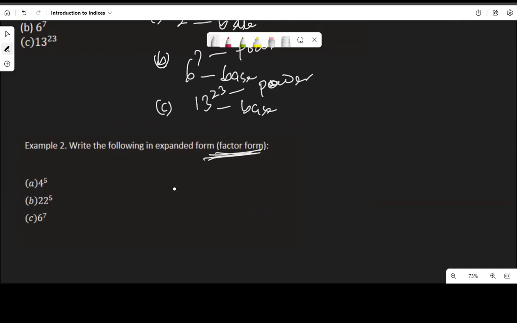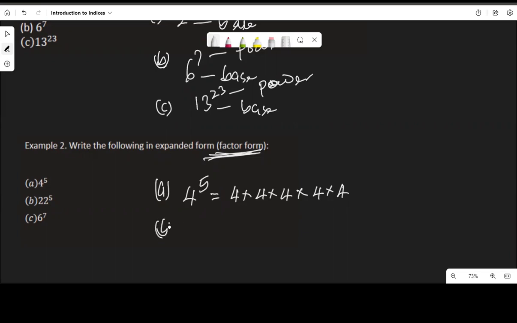So to write this in expanded form, 4 to the power of 5 means 4 times 4 times 4 times 4 times 4 in 5 places. 1, 2, 3, 4, 5. This is the expanded form or the factor form of 4 to the power of 5. Recall that 4 to the power of 5 is called the index form. This one is called the expanded form or the factor form.